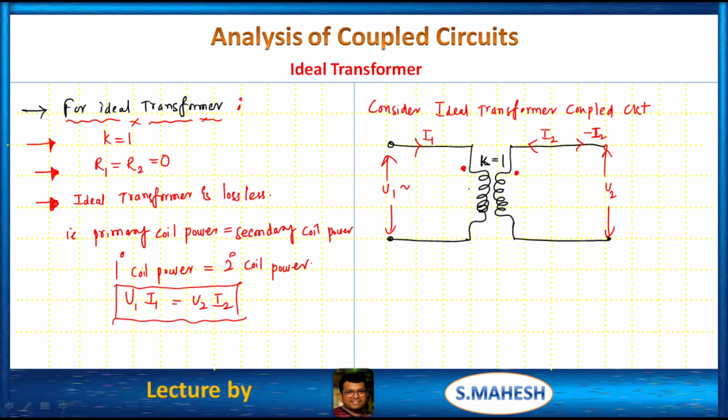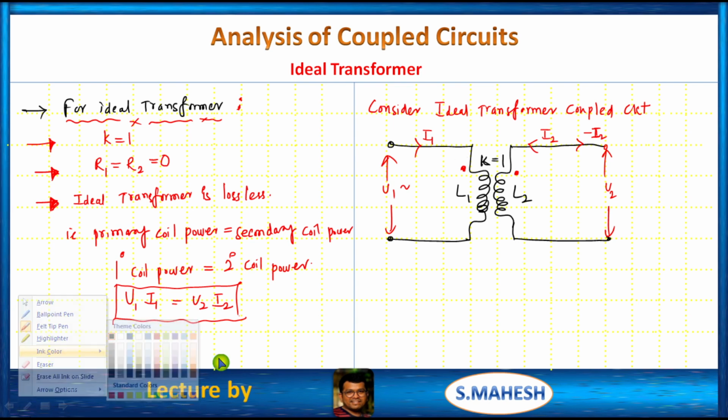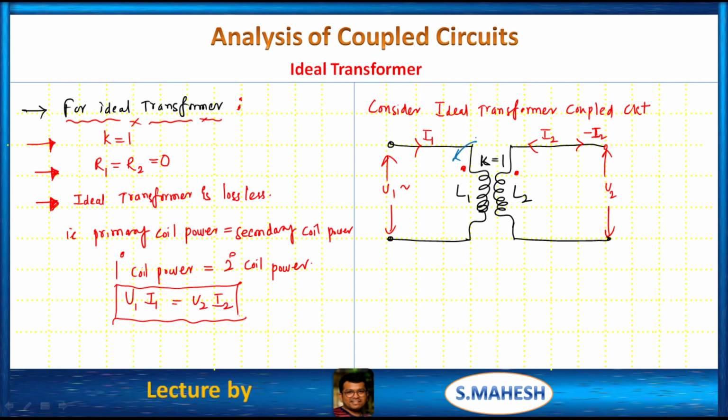This is the ideal transformer, and this is L1, L2. What about M? We have a positive value of M, plus M. That's it.